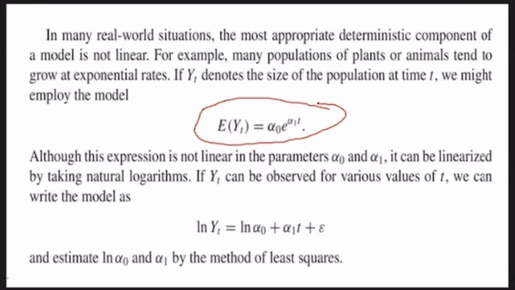I'm going to say that again. If it's a non-linear model, but it can be linearized when you use a certain mathematical transformation, then we're going to call that intrinsically linear. You get what I mean?